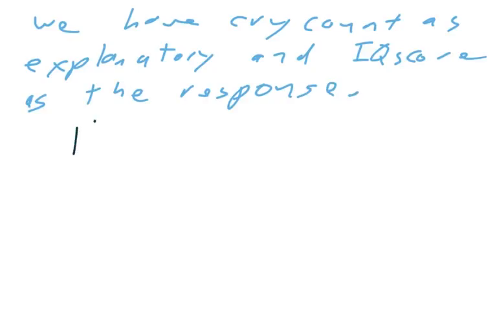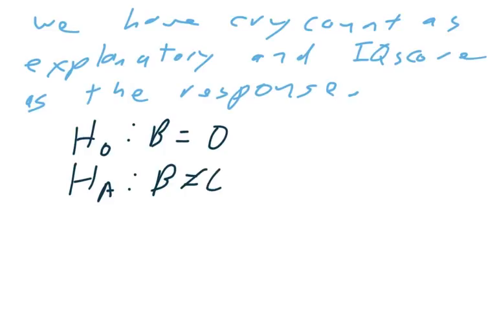My null hypothesis is going to be B equals 0. My alternate hypothesis is B does not equal 0, because we just want to see if there's a correlation or not.